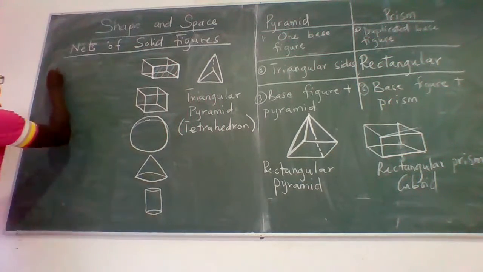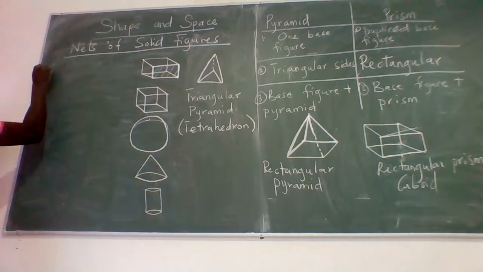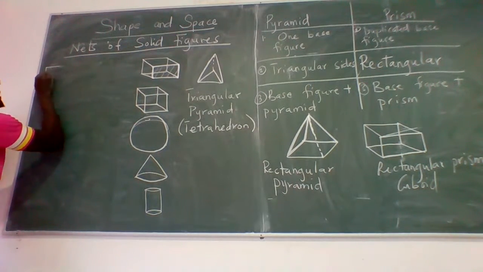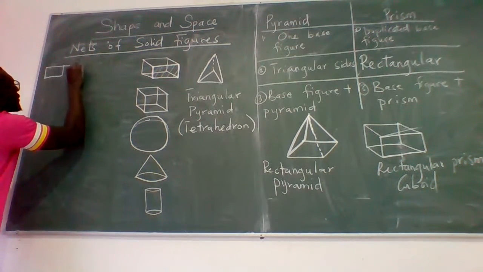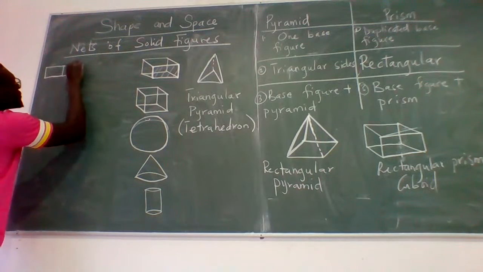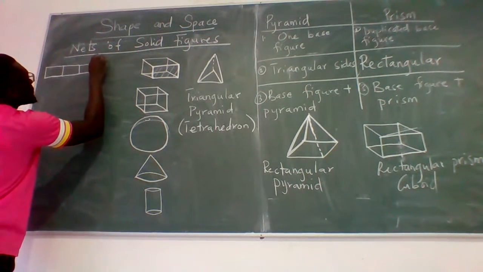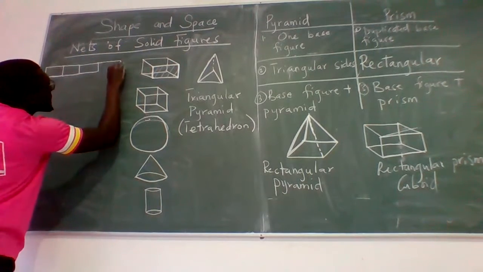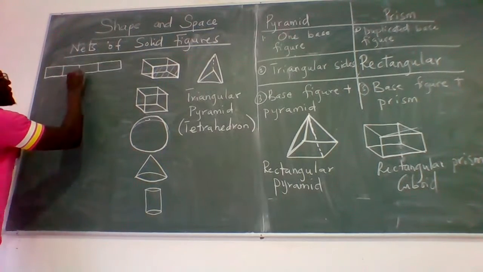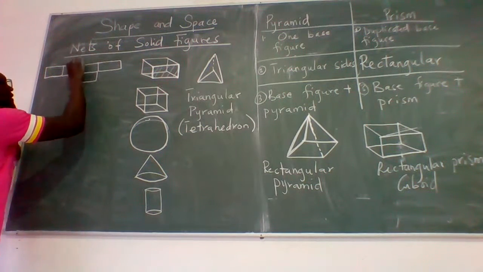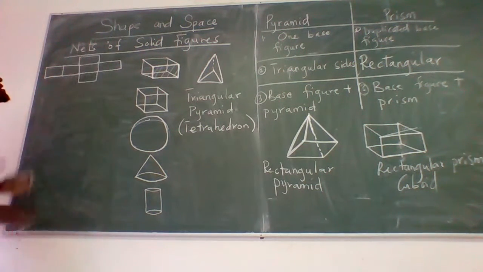So I can draw it as, let's say, 1, 2, 3, 4, 5, and 6.